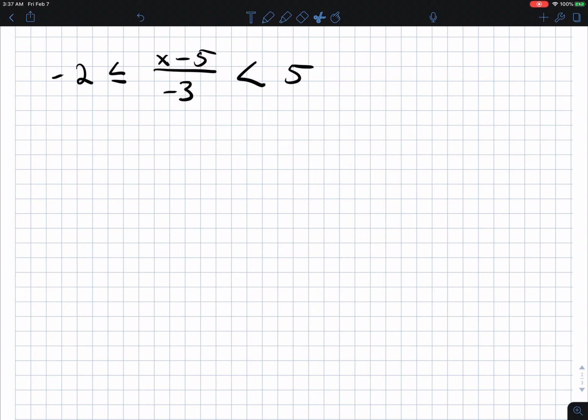So to solve something like this, imagine that we don't have that left part, and also imagine that instead of an inequality, that is an equal sign. So the way you solve this equation is how you solve the original.